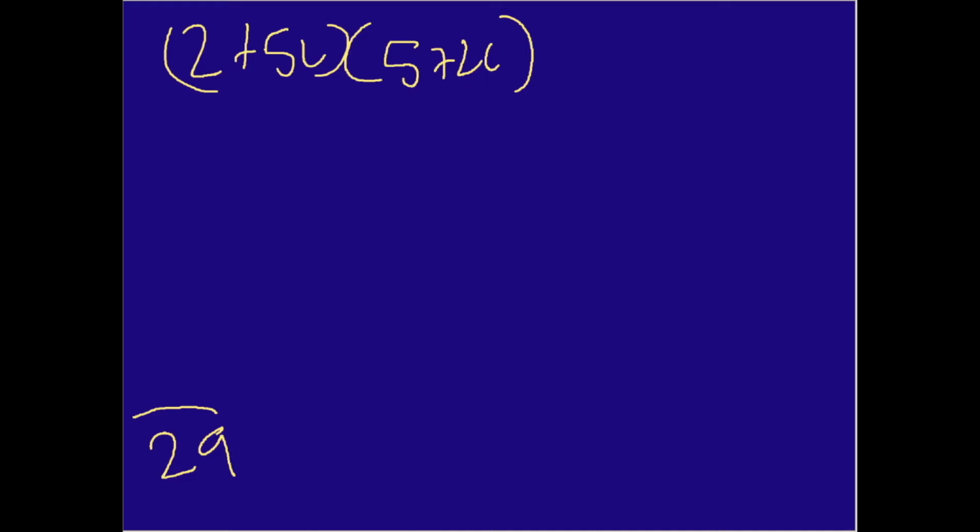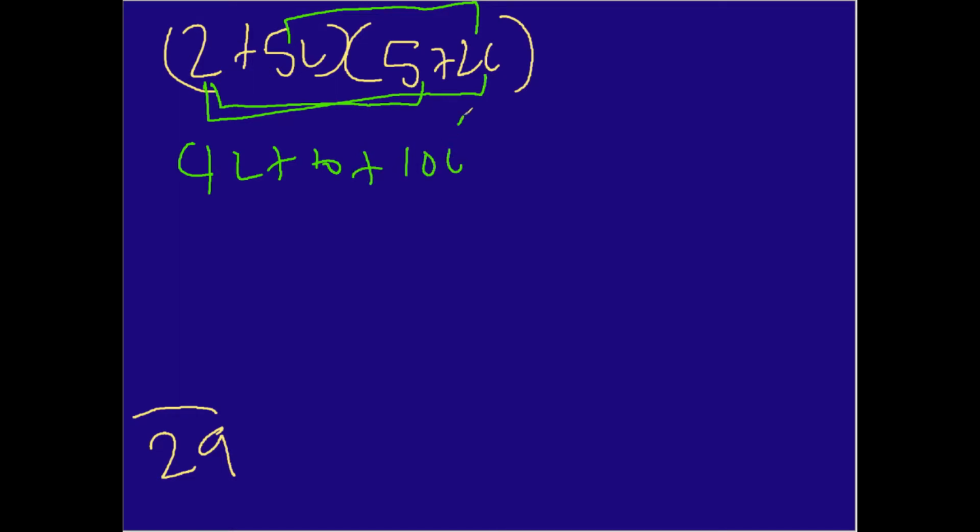To make this as quick and painless as possible, 2 times 2i is going to be 4i. And then 2 times 5 is going to be plus 10. Then you have 5i times 2i, which is going to be plus 10i squared. And then 5i times 5 is going to be plus 25i.